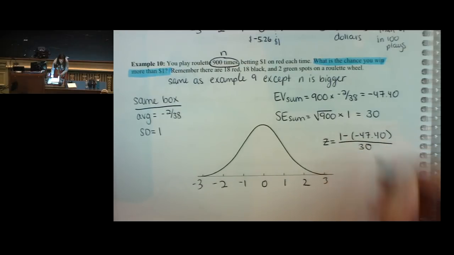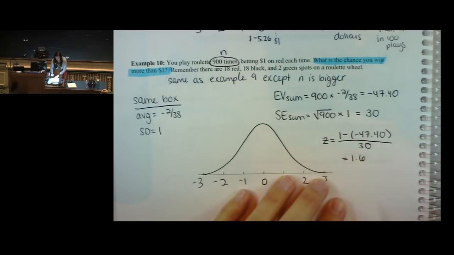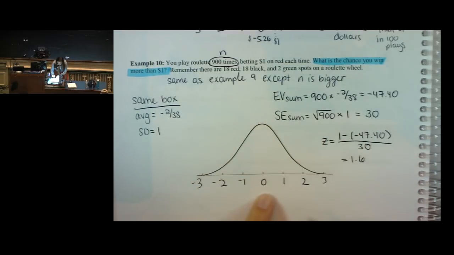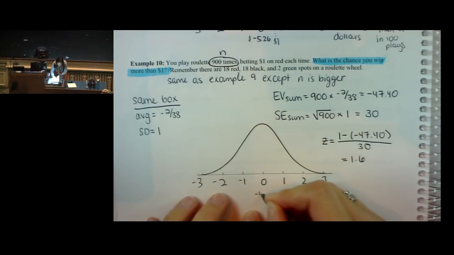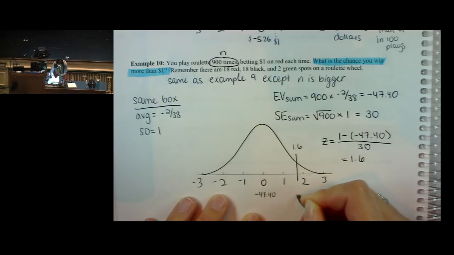My z-score does change a bit. It ends up being 1.6. So here's my expected value, negative 47.40, and $1 is up here at 1.6.